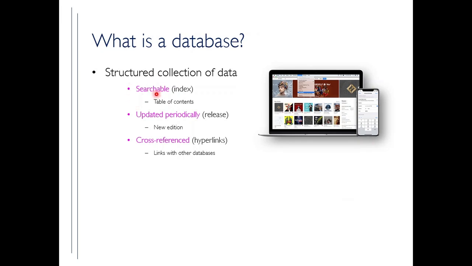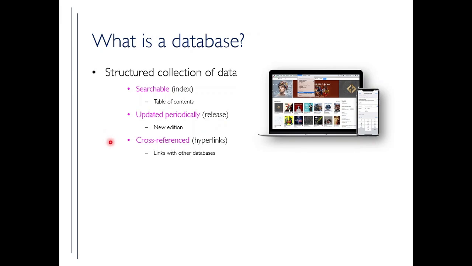So it's searchable in that there's often an index and some form of content page, and you're able to search through that list. It's updated periodically. Actually, in biological databases, this tends to be every day, and you have different release versions, and you can often find that information when you search the latest database.